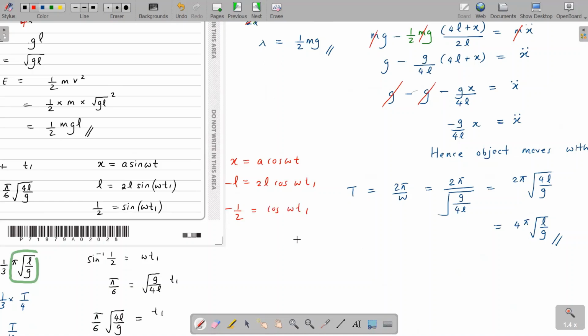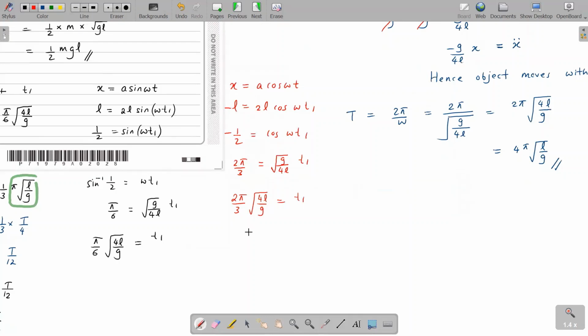How much is cos inverse minus half? Quickly. Two pi over 3 is omega, which is root g over 4L, times t1. So I get 2 pi over 3 into root 4L over g equals T1. When I take the 2 out, I get 4 pi over 3 times root L over g.